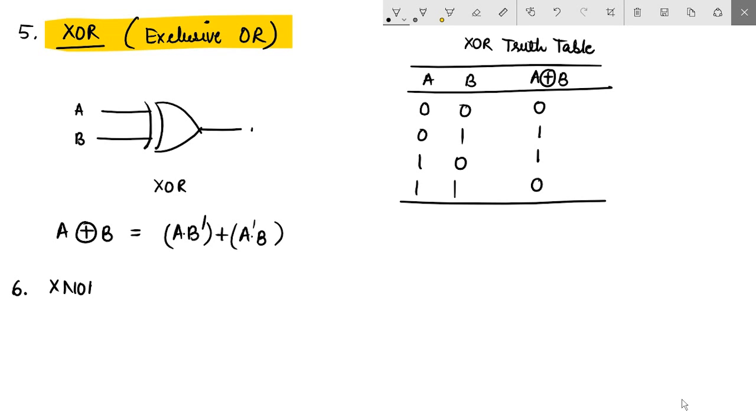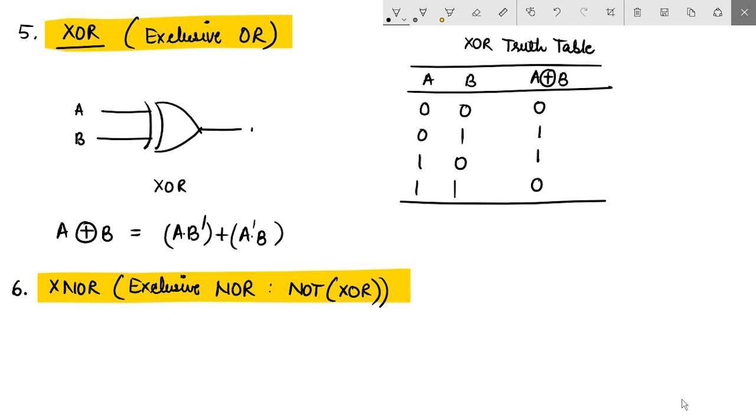Okay, exclusive NOR, or we can say NOT of XOR. So if there are two inputs A and B, the XNOR gate would look something like this. The symbol is a circle and a dot inside the circle.